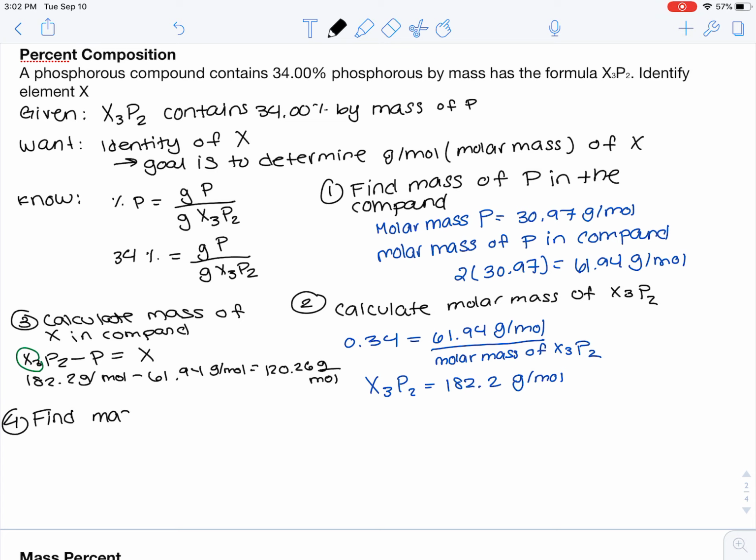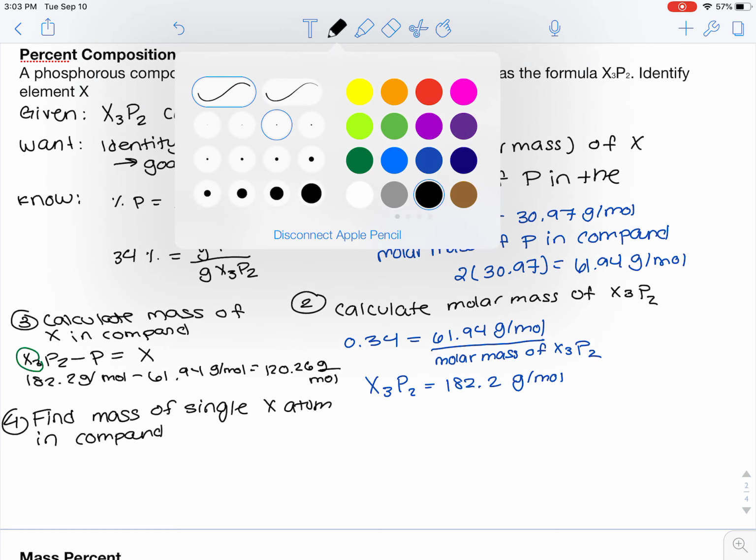Find the mass of a single X atom in the compound. The way that can be done is to simply divide by 3.